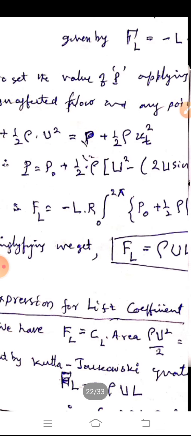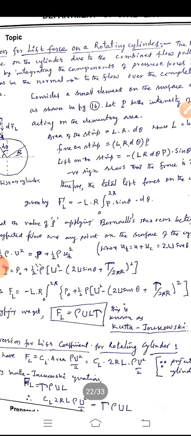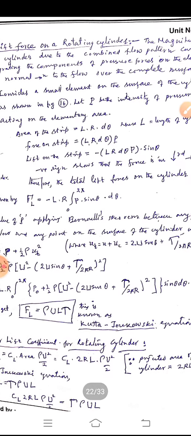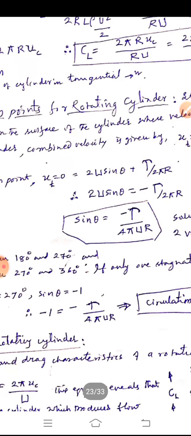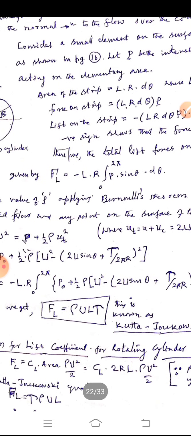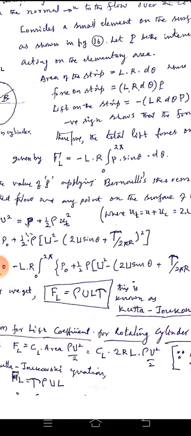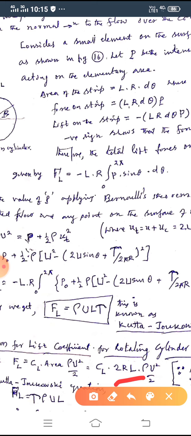Now, how to find the expression for the lift coefficient, that is CL. We know already FL is equal to CL multiplied by area multiplied by rho u squared by 2. Here the area we can consider as 2RL. You can see here for a cylinder the area is 2RL. Now we can equate these two equations. One is FL is equal to rho U L circulation.